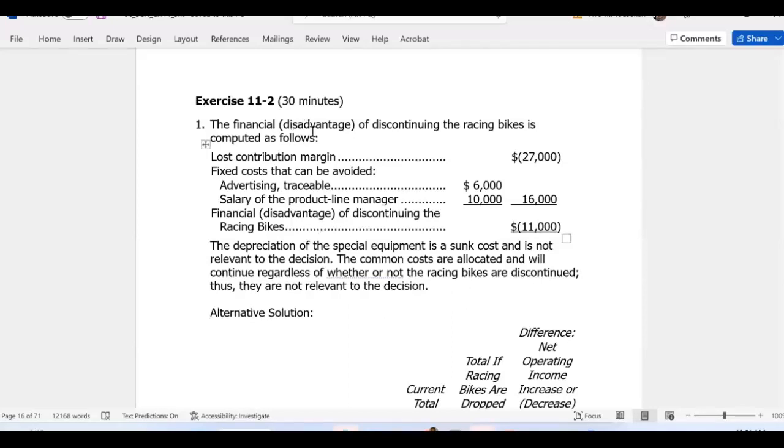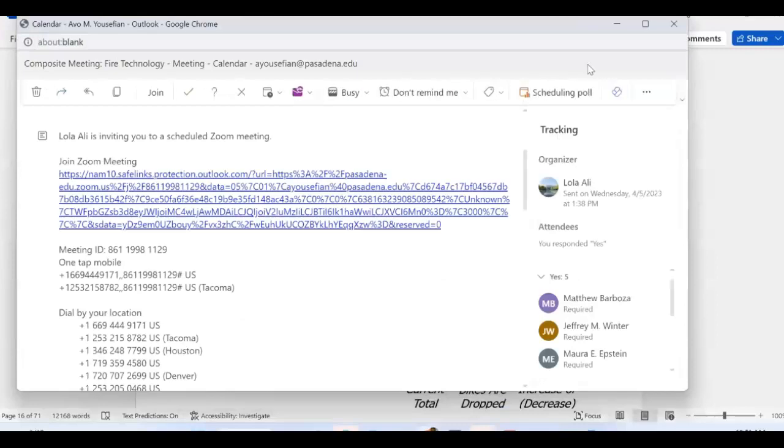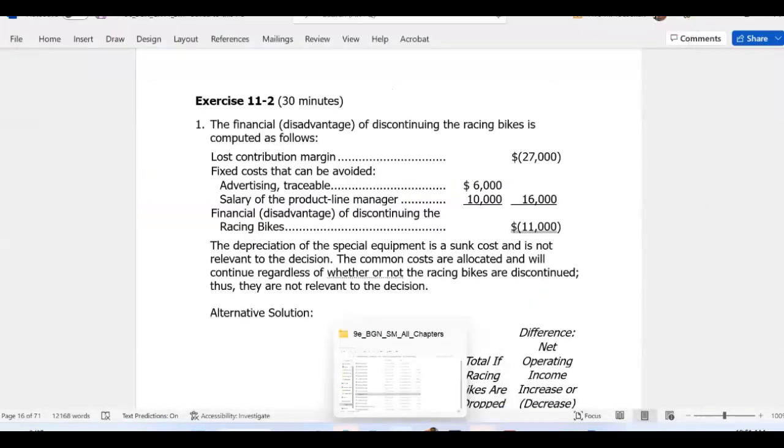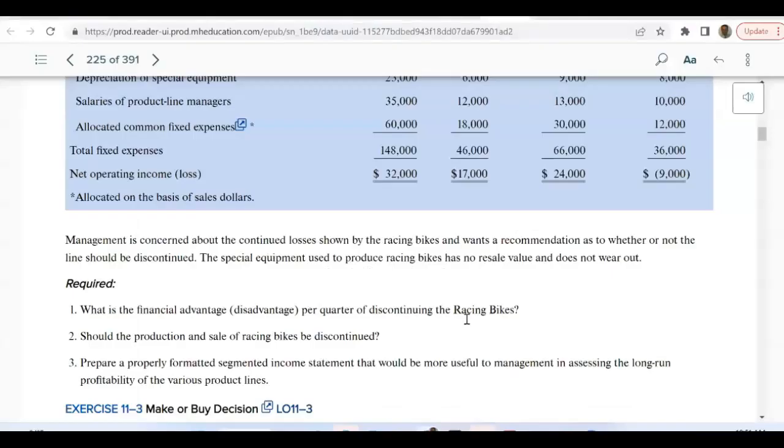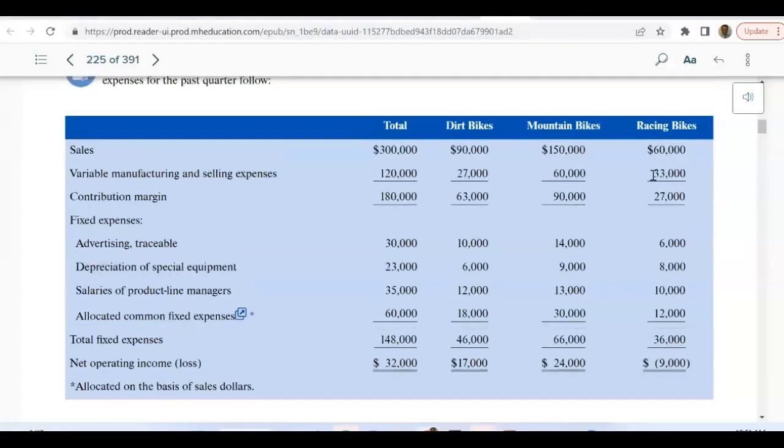So the financial advantage of discontinuing the racing bike is computed as follows. Lost contribution margin is $27,000. If you look at here, see that contribution margin right there?